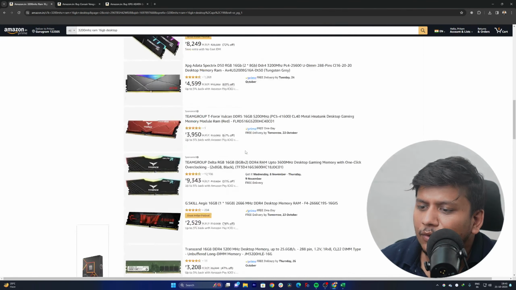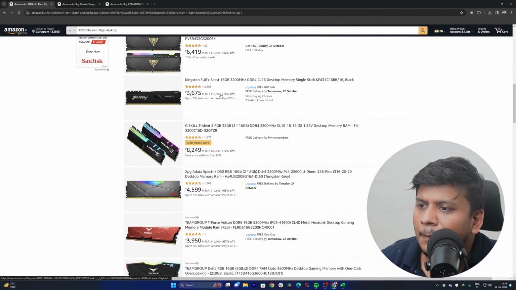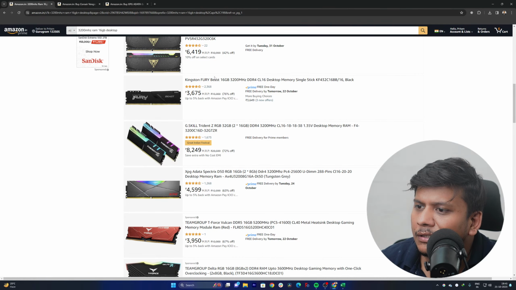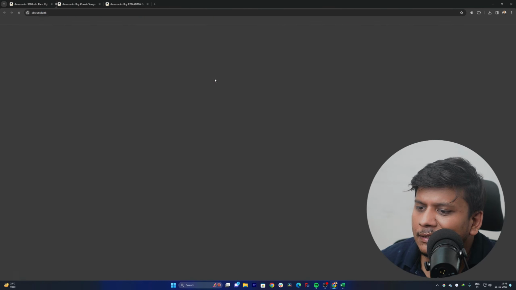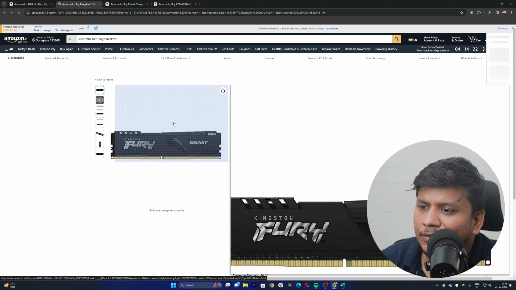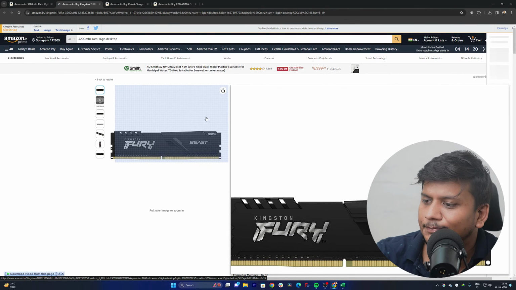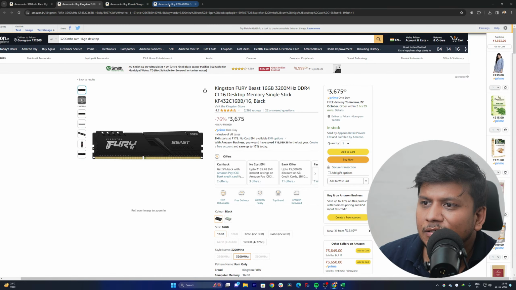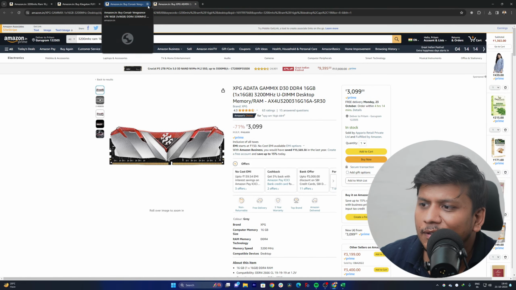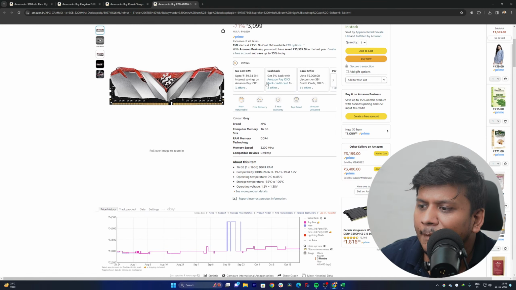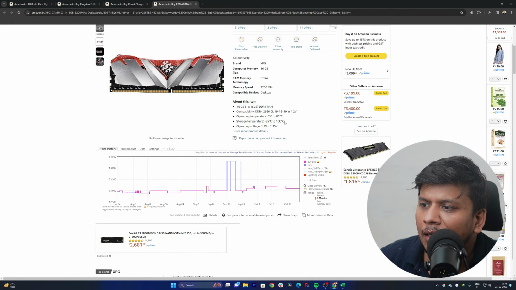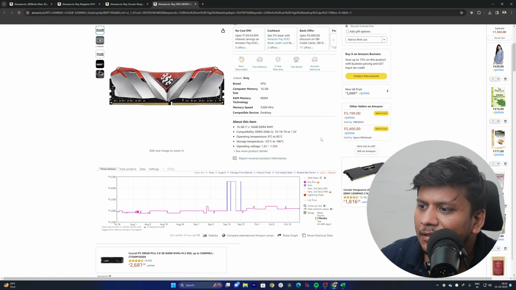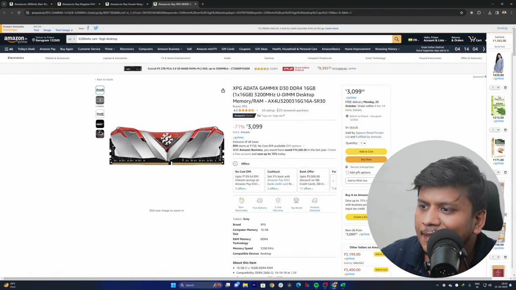There is one more company there. Yep, this one I was looking for. This is, I would say, slightly toward the costlier side, but is good enough. So all these three RAMs, if you see what's common among them, these all RAMs are CL16, except this one. This one is not a good one. This one is CL19, and I don't want to go with CL19.